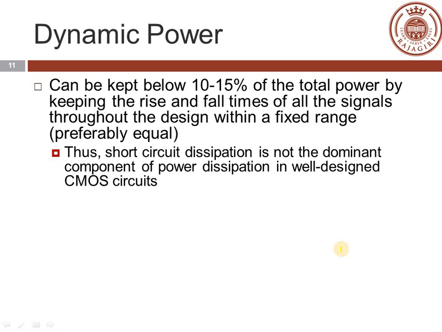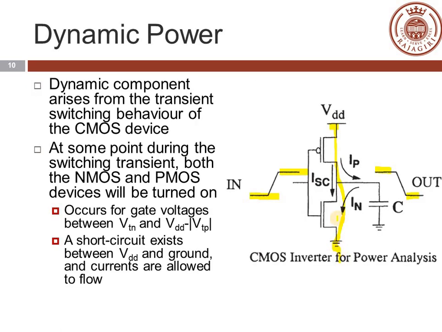This can be kept below 10 to 15% of the total power consumption by keeping the rise and fall times of all signals throughout the design within a fixed range. This happens as your NMOS and PMOS are simultaneously turned on at the transient time, that is, at this slope.